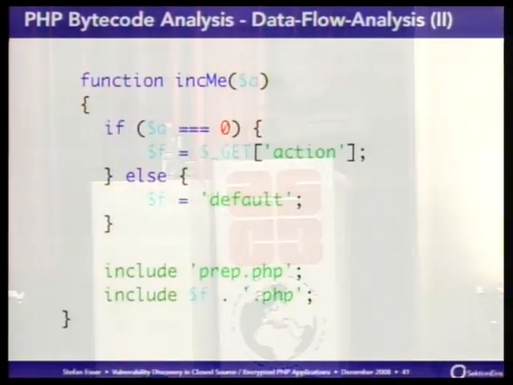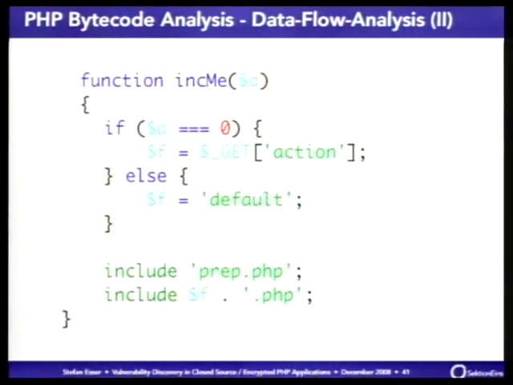For this, I have a very simple PHP function that consists of a simple if condition. One time it includes a constant string, and one time it includes a string that could be influenced by user input, depending on the input to the function.